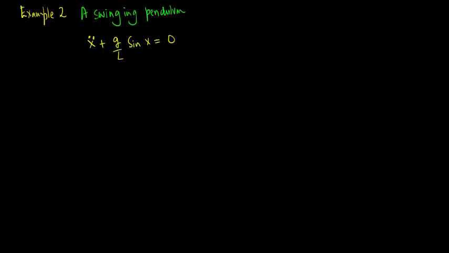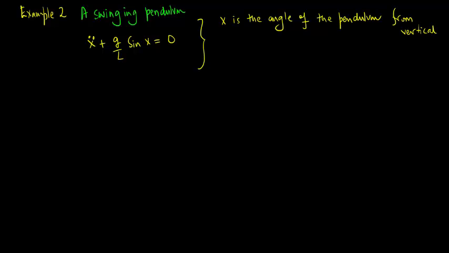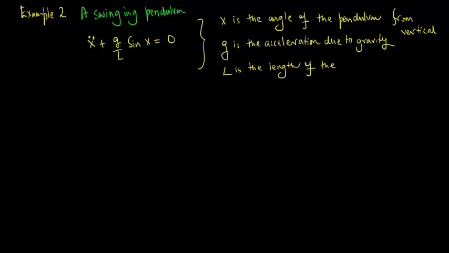Now let's consider the example of a swinging pendulum. The differential equation is x double dot plus g on L sin x is equal to 0, where x is the angle of the pendulum from vertical, g is the acceleration due to gravity, and L is the length of the pendulum.